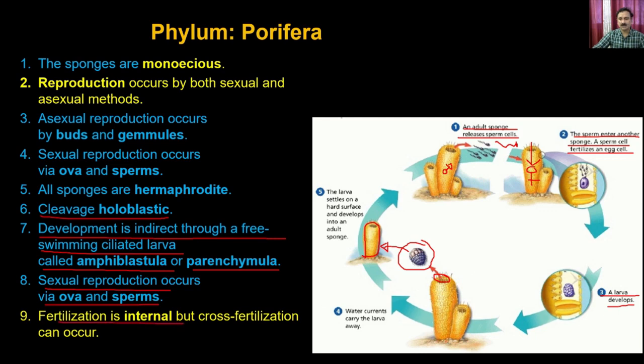Fertilization is internal, when it occurs inside the body of an organism, and cross fertilization always occurs. So it's not self fertilization, it is cross fertilization, where the sperms come from the neighboring sponge and are received by another sponge.